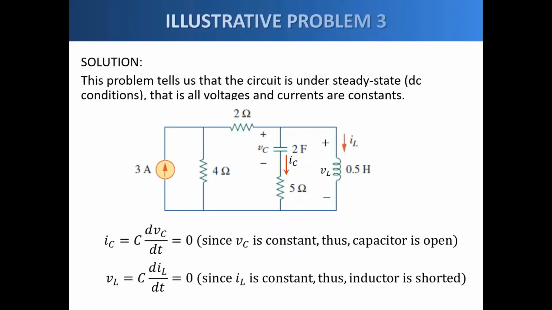If the current through the inductor is a constant, dIL/dt is 0, and therefore the voltage across the inductor is 0, which means that the inductor is acting like a short circuit. For the capacitor, since there's no current, the capacitor is acting like an open circuit.